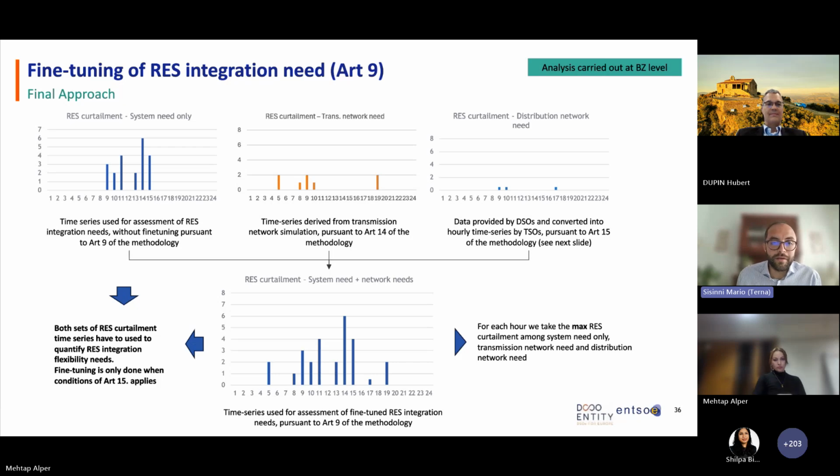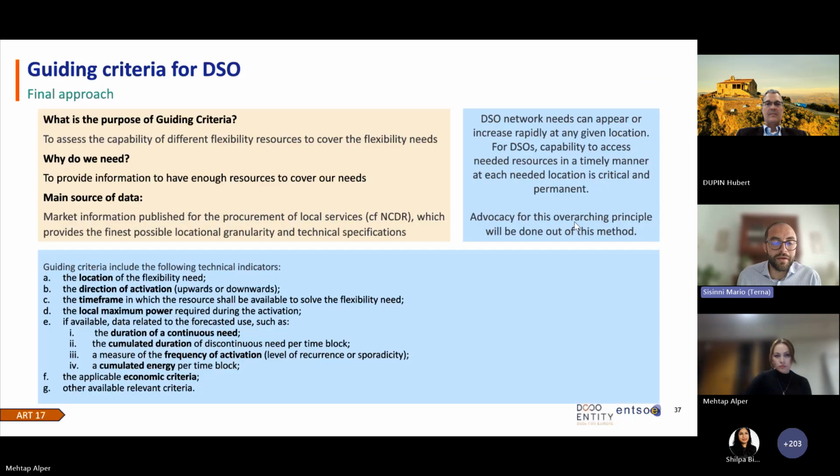And then to conclude a bit, we move to guiding criteria, and I think first is for the DSOs. Hubert? Yes, guiding criteria indeed is how we will cover our flexibility needs. What kind of source of data do we need?